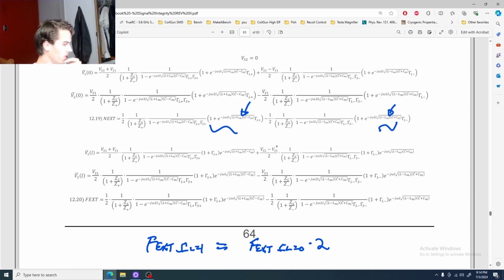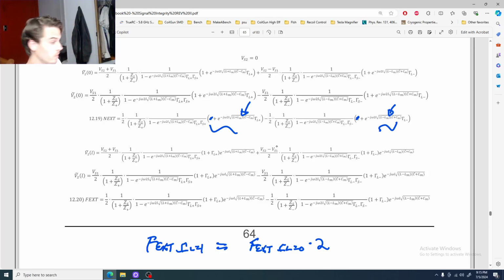So if we just removed this, then this equation simplifies down to the case for the far end crosstalk whenever the load reflection coefficient is 0.